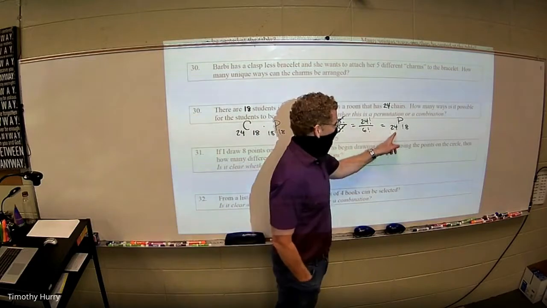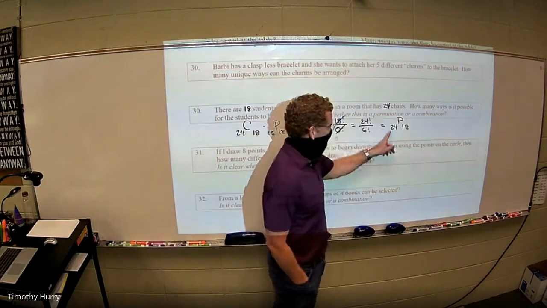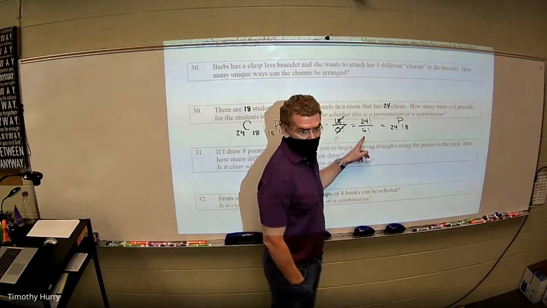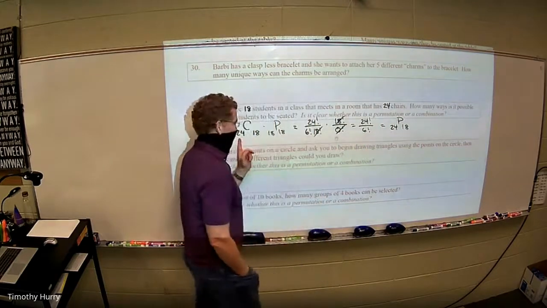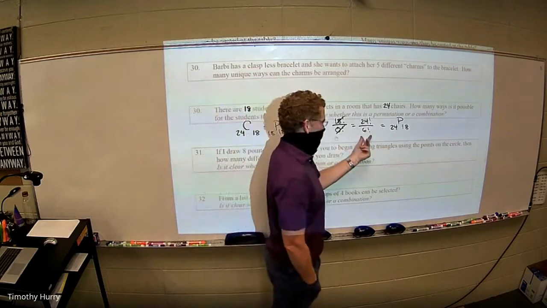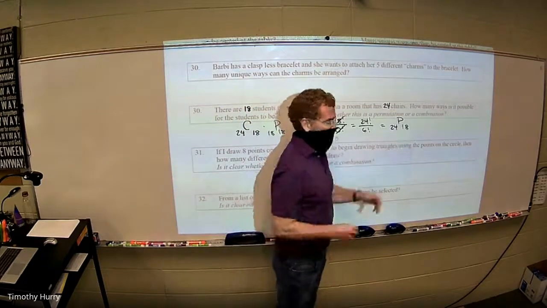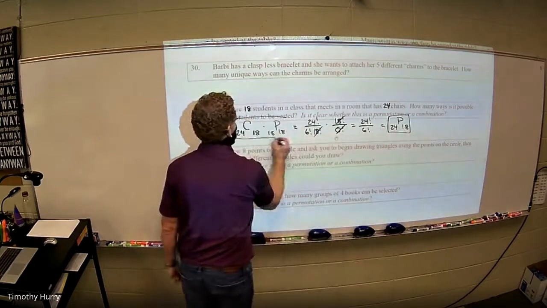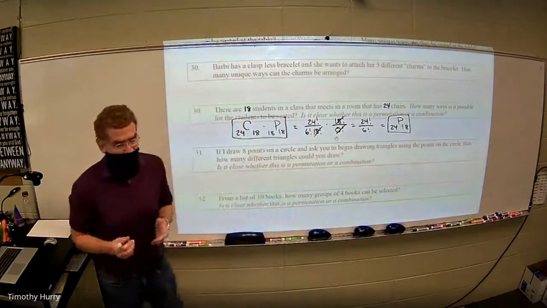If I were to simplify this, wouldn't I write 24 factorial on the top and then subtract these two and get 18 factorial? Well, if this is equal to this, is equal to this, is equal to this, then isn't this the same thing as this? If they're all equal?